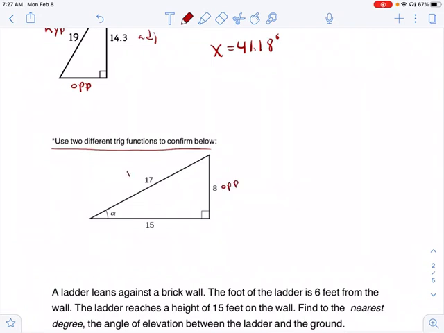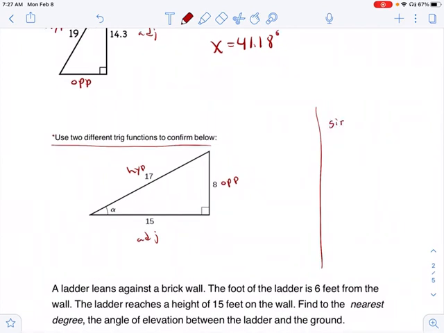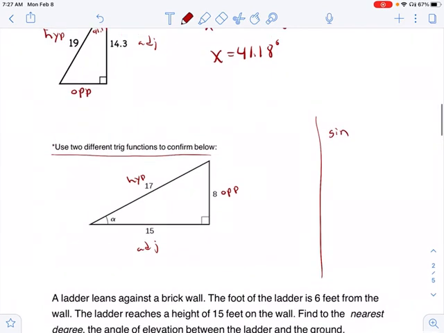So I have opposite, hypotenuse, adjacent. Two equations that I can use, and I'm doing this almost for proof purposes, to show you that if I have all three sides, it doesn't matter, trig works in general. So I can say that the sine of my angle, which is alpha, equals 8/17.